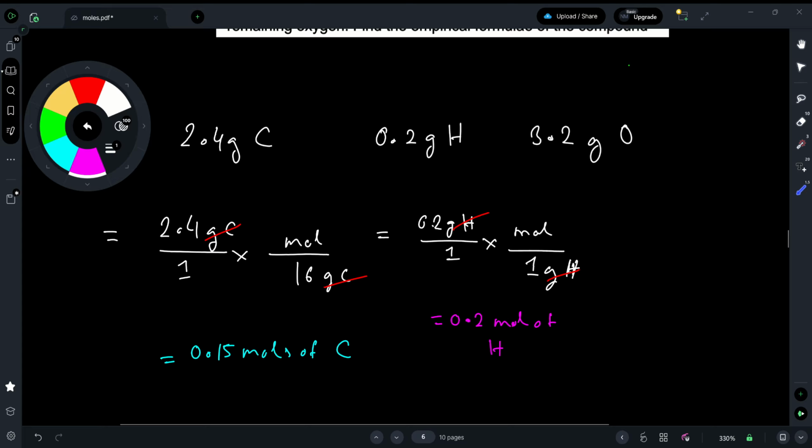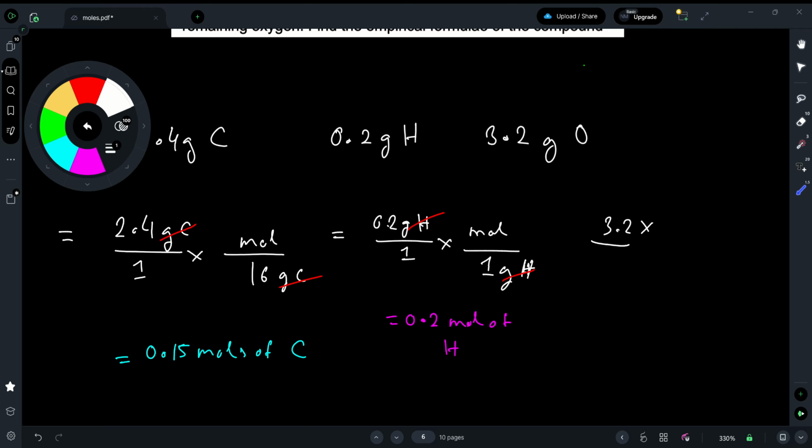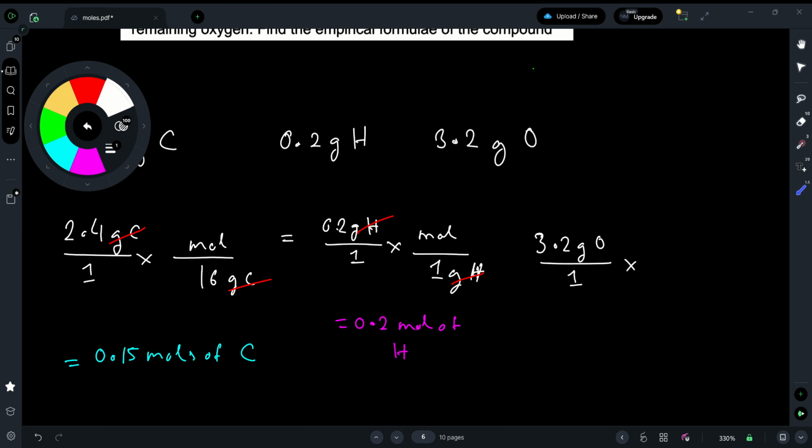And then oxygen, we had 3.2 grams of oxygen, per mole of oxygen you have 16 grams of oxygen. So again, we just cancel the grams of oxygen. 3.2 divided by 16 is probably 0.2. It is.